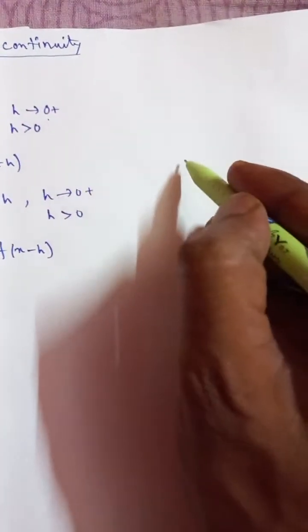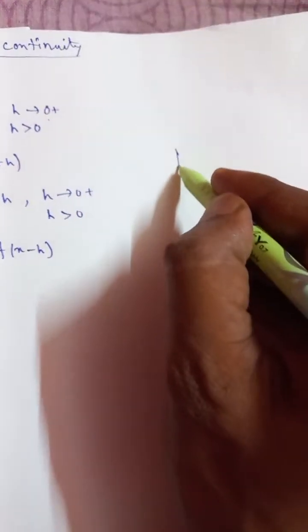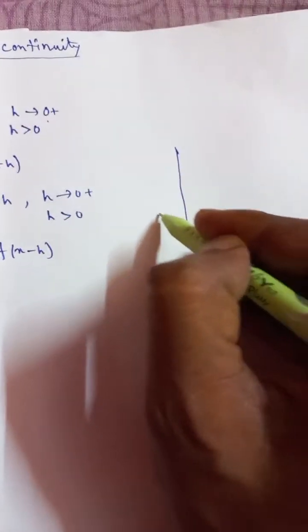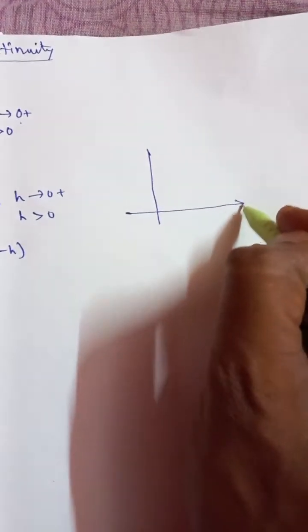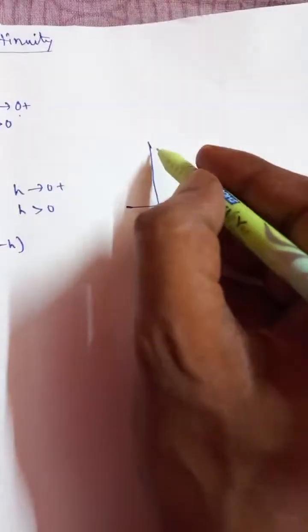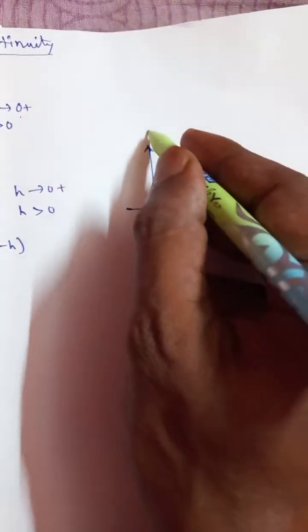In graph, if we represent this, this is the x-axis, this is the y-axis.